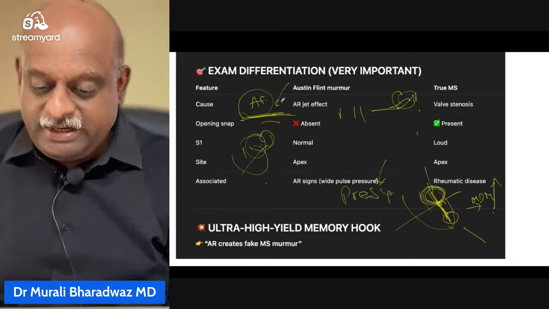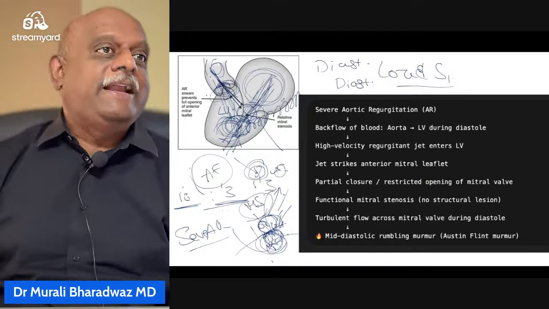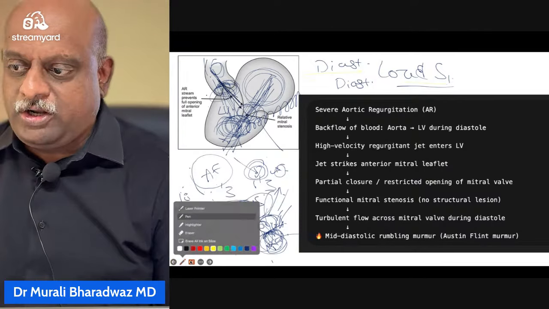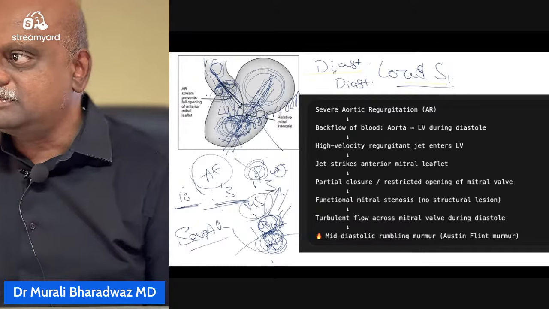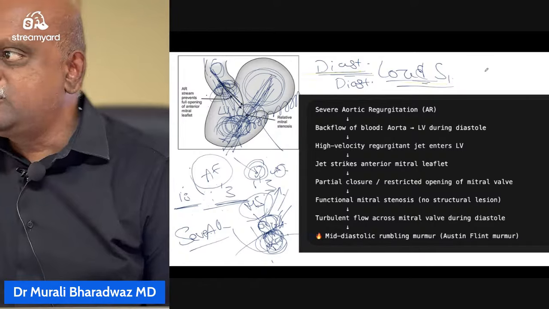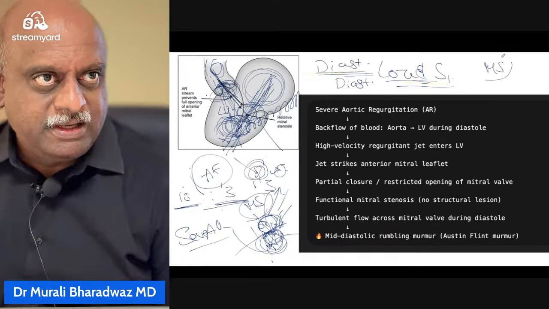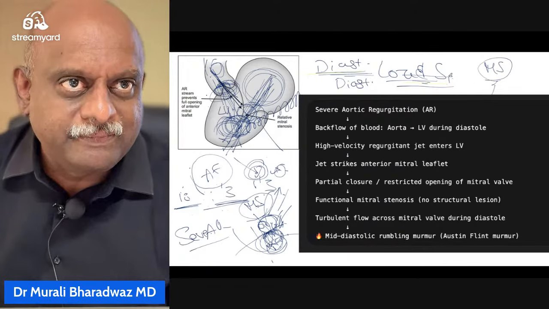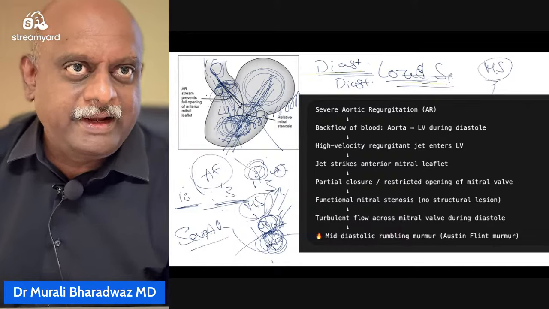Right? So that is the reason how many defenses of yours have failed. A diastolic murmur with loud S1 is not always seen in MS. When the valves are calcified, loud S1 can become soft. Agree?